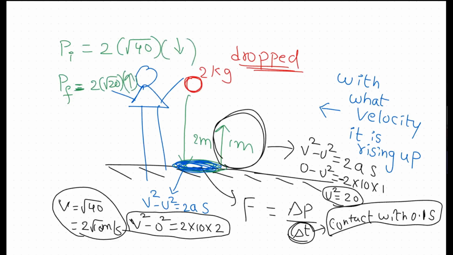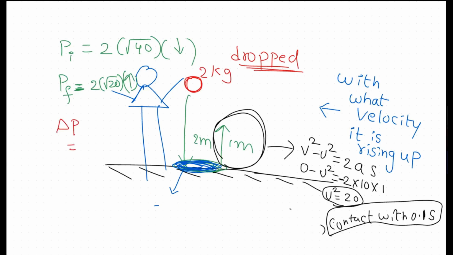So change in momentum, how much? One upward, one downward. If you add, what will happen? You have to subtract, correct or not? Because they're in opposite directions and I'm asking for change. So P final, one of them you have to take positive, another one negative. If you take the upward direction as positive or the initial direction as positive, anything you can take.